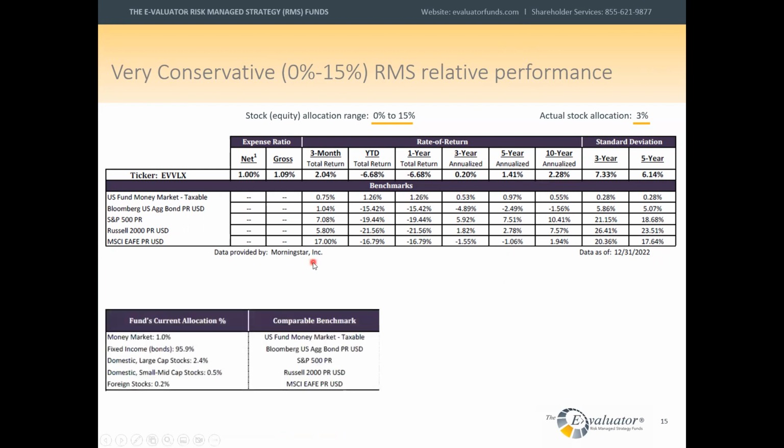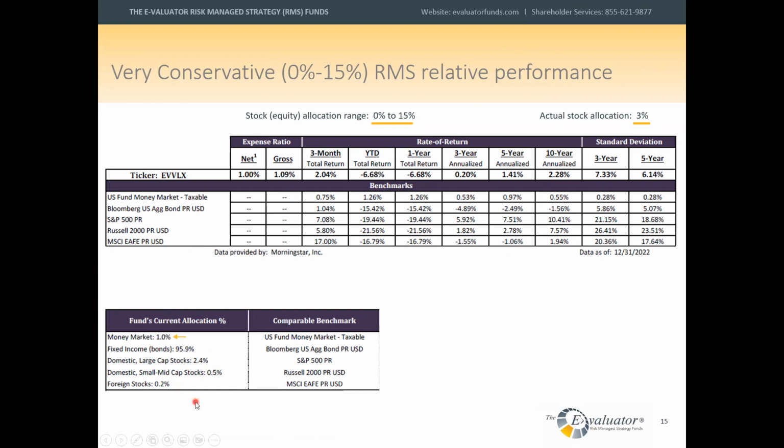Now, let's say we were to take the asset allocation of this investment and spread it across these indexes. We would say, okay, this investment has 1% right now in money market, about 96% in bonds, 2.4% in large cap, 0.5% in small to mid, and 0.2 in foreign stocks.